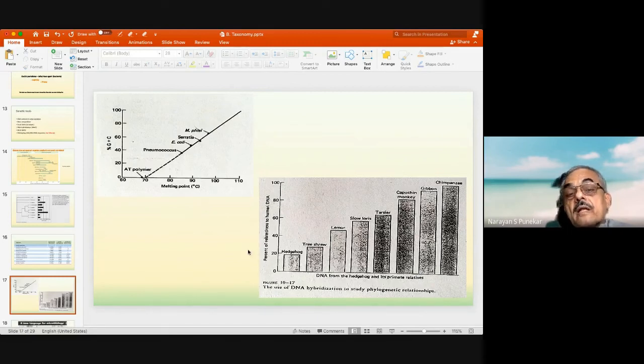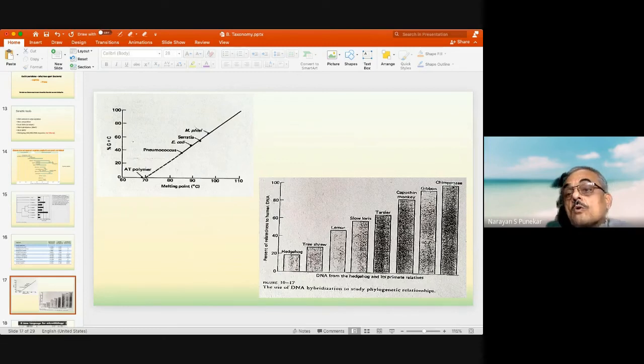You can take the DNA from these organisms, most of them mammals here. You take the human DNA, hybridize, and you can see that hybridization is possible. You can separate the double-stranded DNA from the unhybridized DNA and find out the extent of hybridization. So percentage relatedness to human DNA depends on how much of it gets hybridized to human DNA.